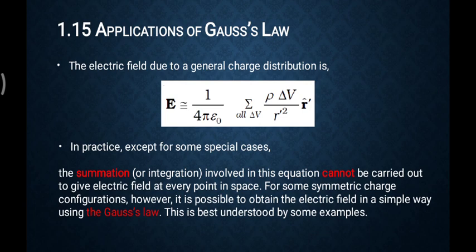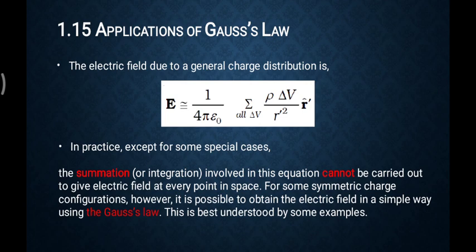Last time we reduced our formula to the thin wire. We derived the electric field formula for the infinitesimally thin wire. Today we go for the thin sheet and one thin spherical surface.